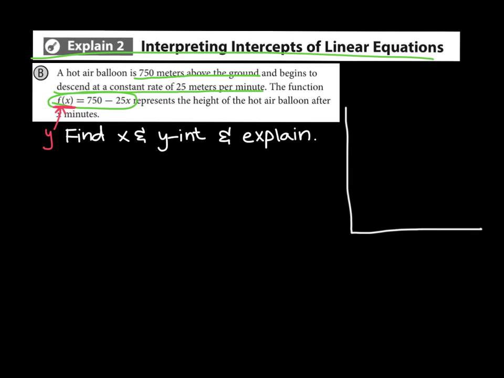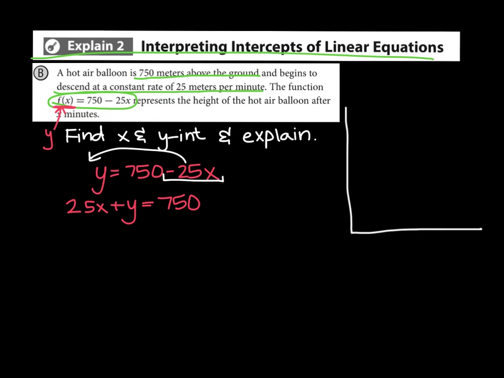So I'm going to rewrite my equation real quick and interpret that to be y equals 750 minus 25x. Now, I want to fix this. Remember, this is not in standard form because the x and y are not together, so I want to move this to the other side, which means my equation now is going to read 25x, it became positive because it moved across the equal sign, plus y equals 750. All right, so take a second to practice doing your intercepts, and let's see if you get the right answer.